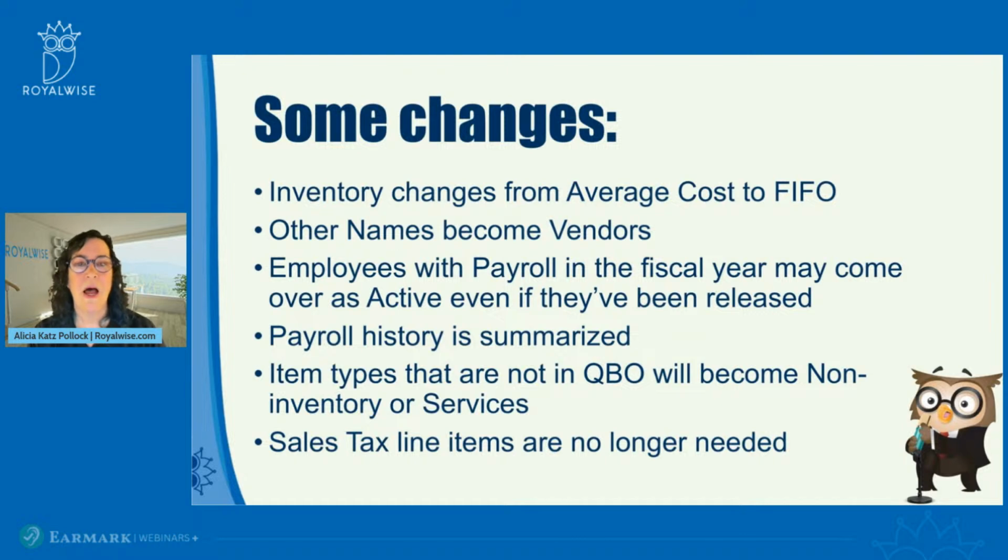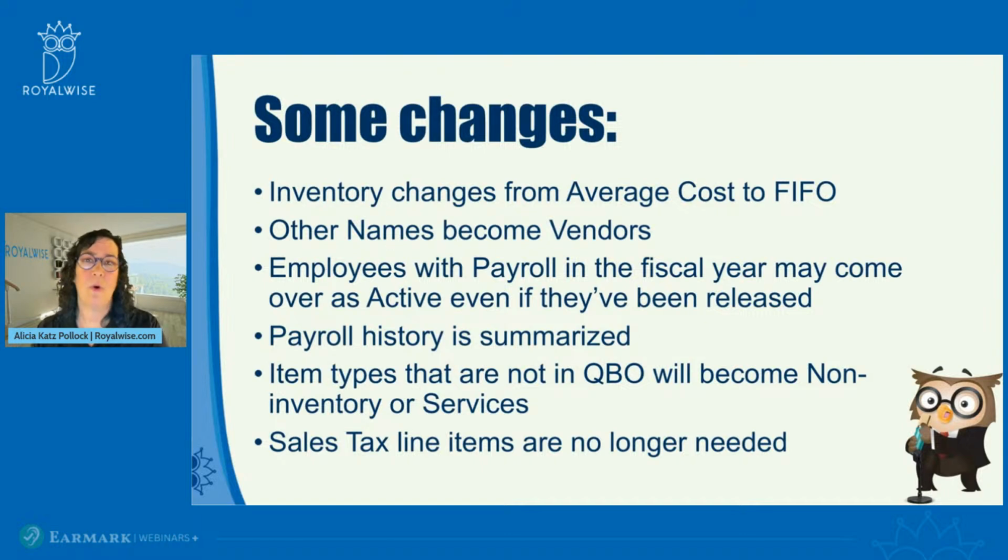If you are using the other names list, all of the other names are going to come over as vendors. If you're converting your payroll, any employees that have been on payroll in this fiscal year are going to come over as active, even if they've been terminated and inactivated.